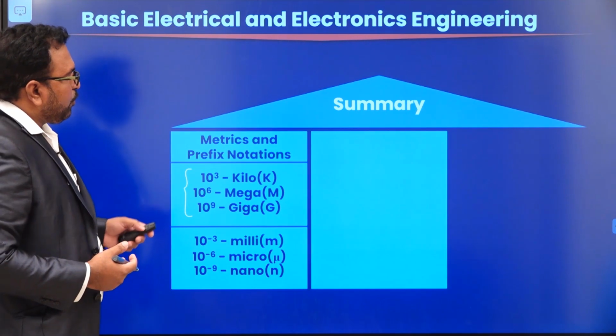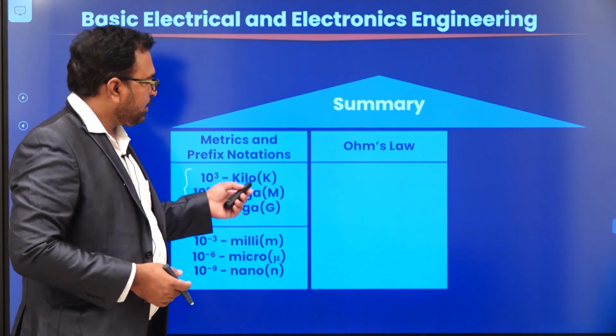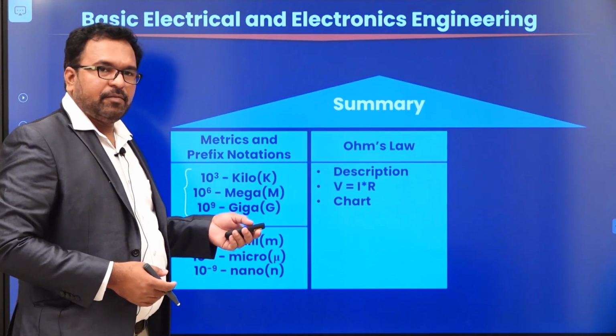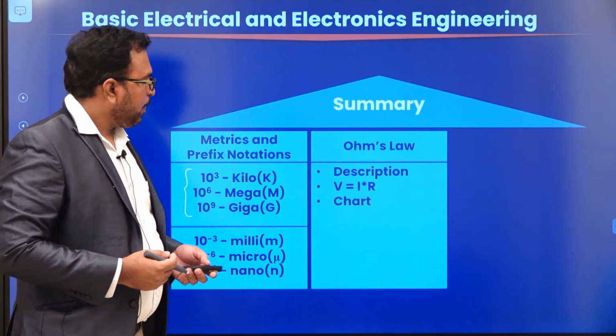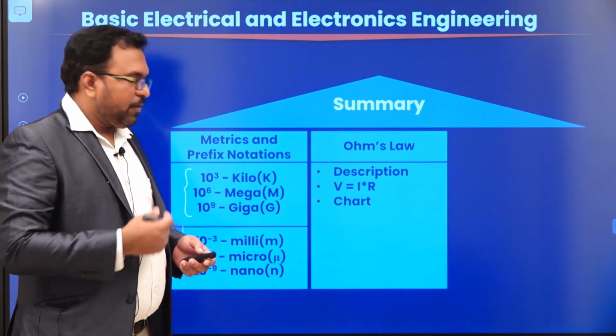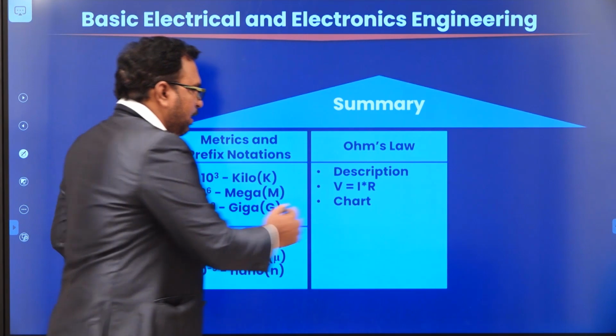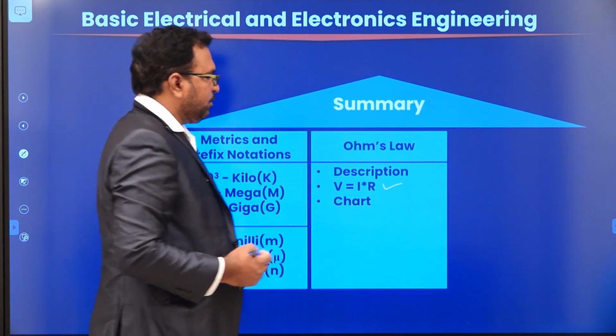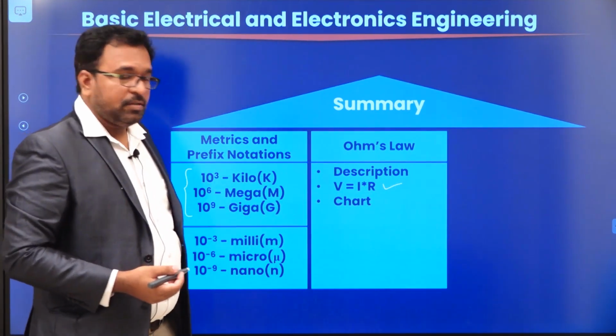Next, we discussed Ohm's law. What is Ohm's law? We gave a description with a small example. Then we expressed Ohm's law using a mathematical expression, V is equal to IR. Then we formulated a chart.